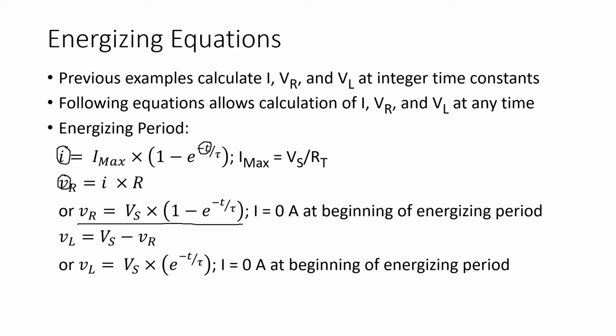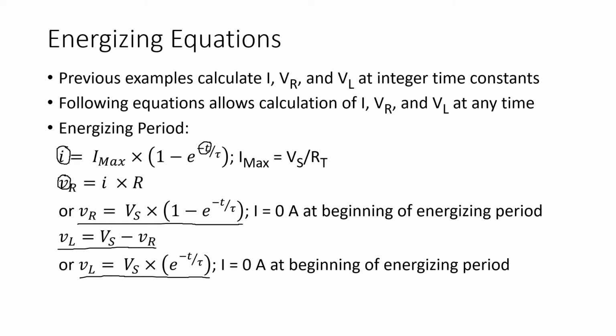And again, this equation assumes that the current is 0 at the beginning of the energizing period. Now we can use Kirchhoff's voltage law to calculate the voltage across the inductor, VL equals Vs minus VR, or we can use the equation shown to calculate the inductor voltage.